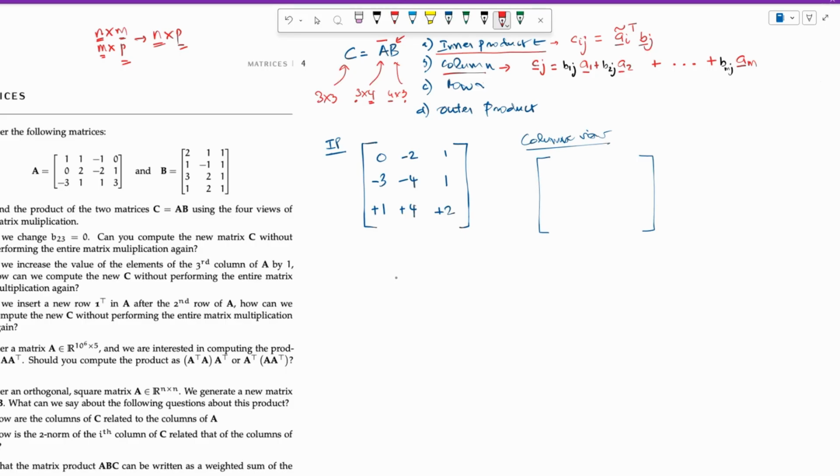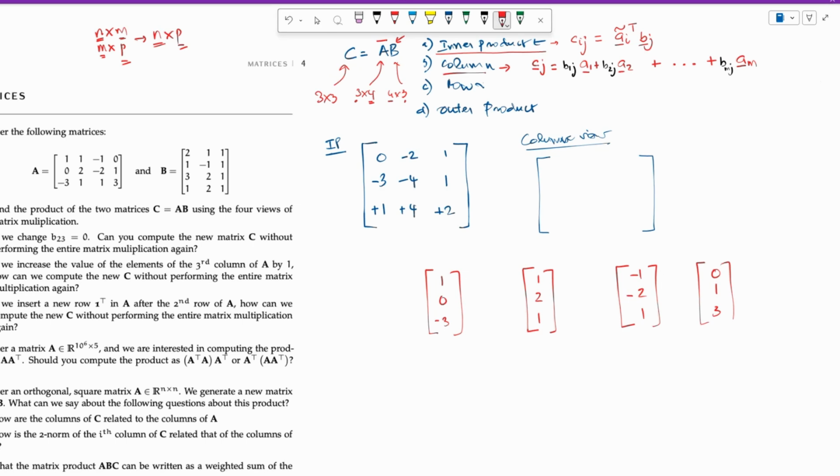Let me write down how you would do that. We would take the columns of A: 1, 0, minus 3; 1, 2, 1; minus 1, 2, 1; 0, 1, 3. We want to take the linear combination of these.